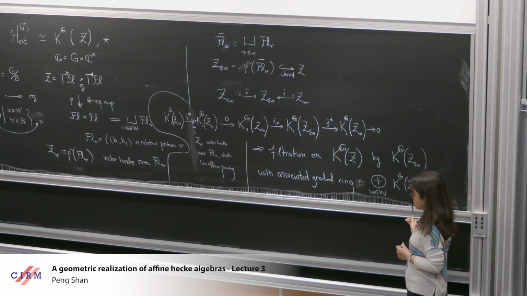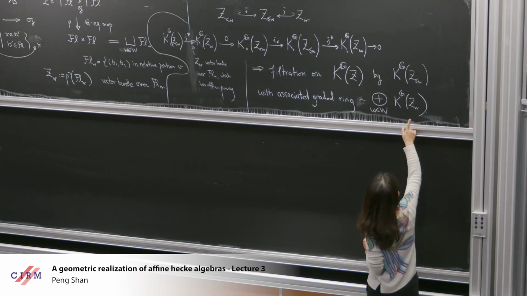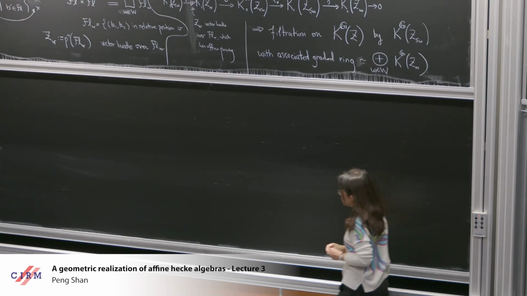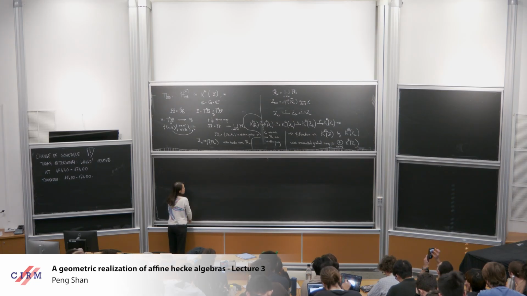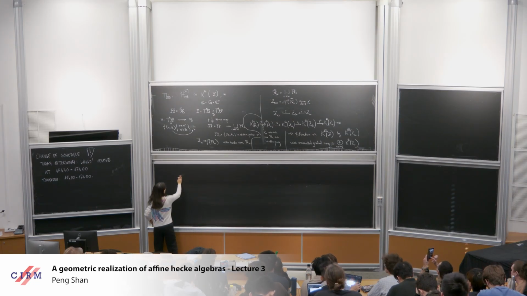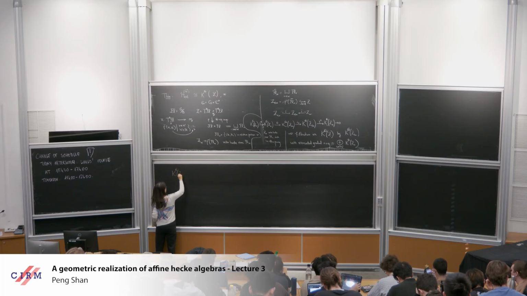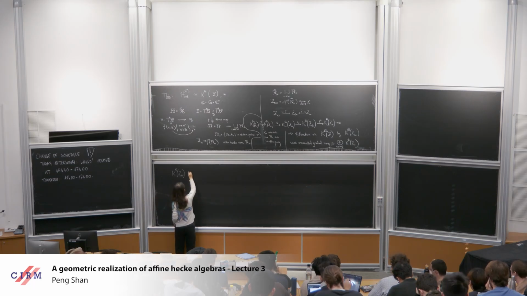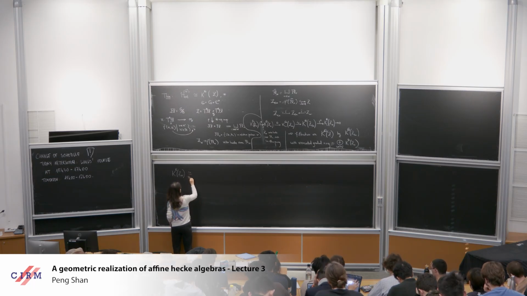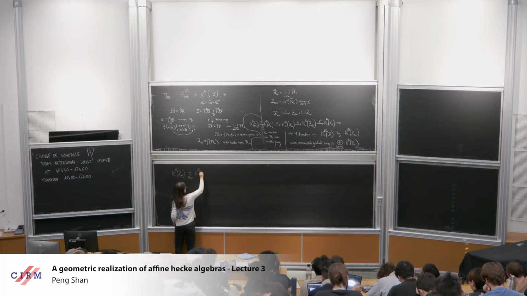Okay? And now, this we know how to compute because we explained last time that Z_w is a vector bundle over the orbit. So by Thom isomorphism, this is isomorphic to K^G of this orbit.